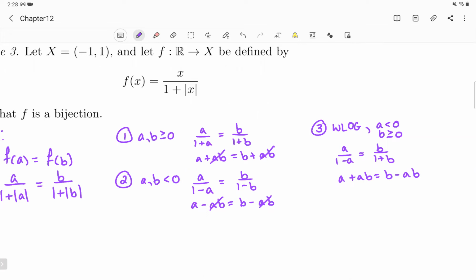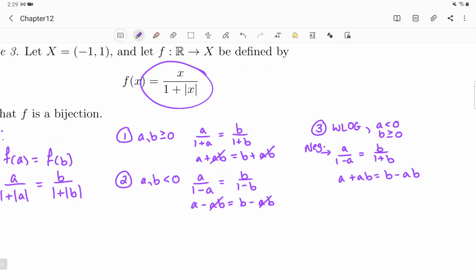So now let's go back and use common sense. If A is negative, what am I going to get when I plug A into that fraction, a positive or negative overall? You'll get a negative over a positive, so negative. That means A over 1 minus A is negative. What about when I plug in B, which is not negative?